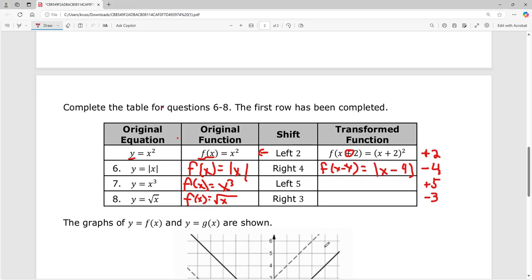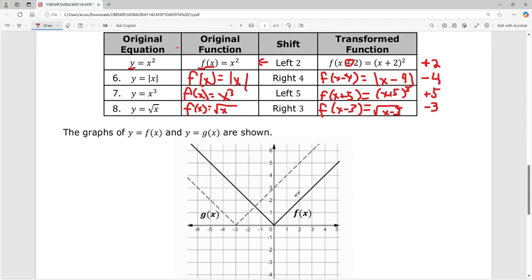All right, I'm going to do f of x plus 5, and it's going to be x plus 5 cubed. And then it's going to be f of x minus 3, which is going to be the square root of x minus 3. Okay, so that's how you fill out that one.